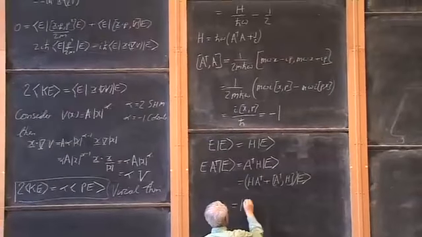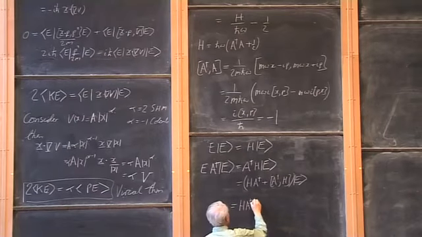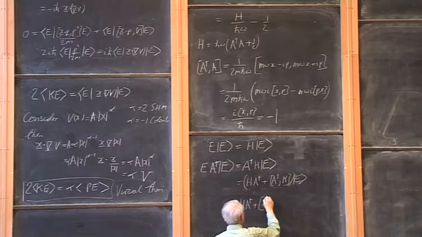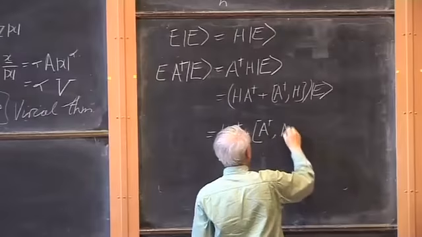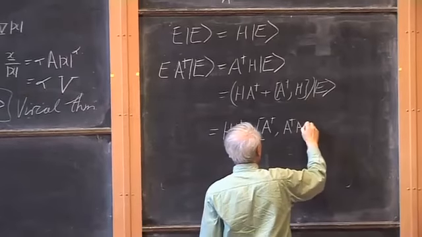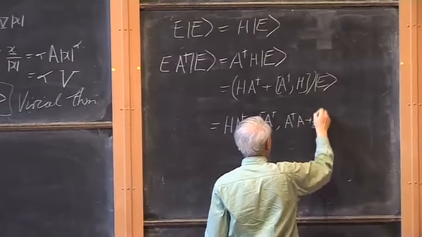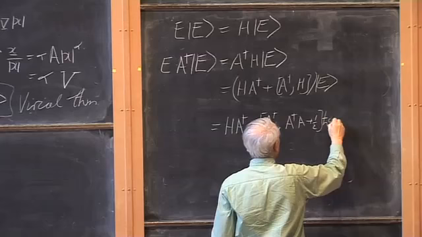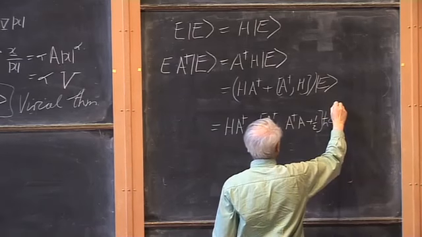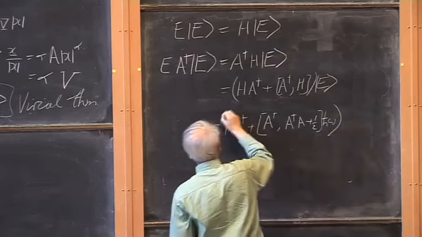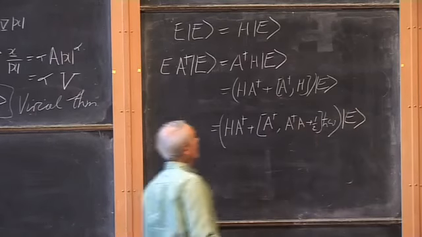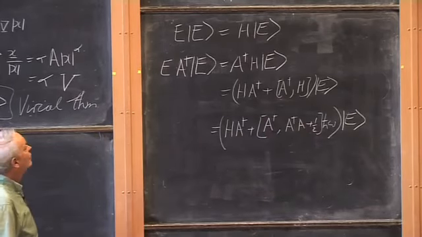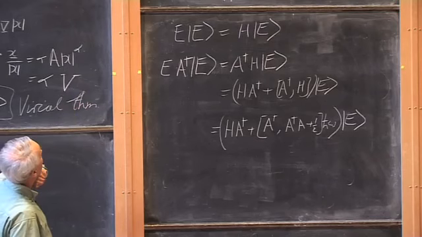So this is H a dagger plus the commutator of a dagger and H, which turns out to be a dagger a plus a half, close brackets, h bar omega to carry the dimensions, and stick in our |E> that we first thought of. So all I have done is replace H by an expression we already derived.